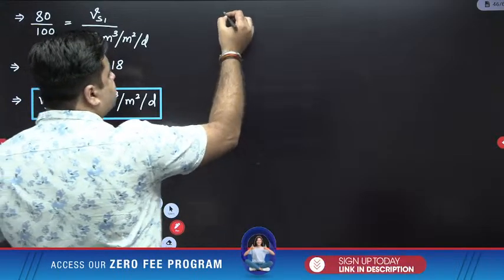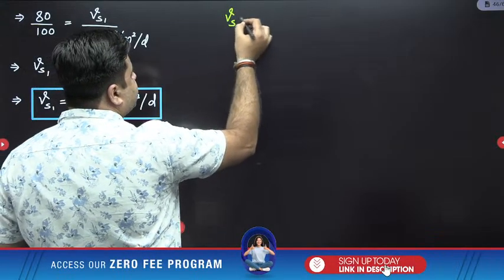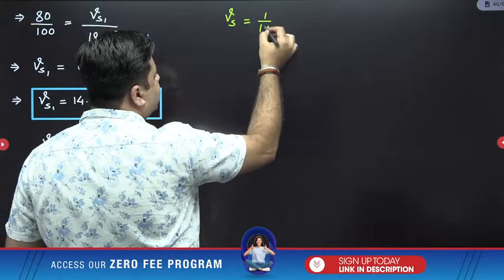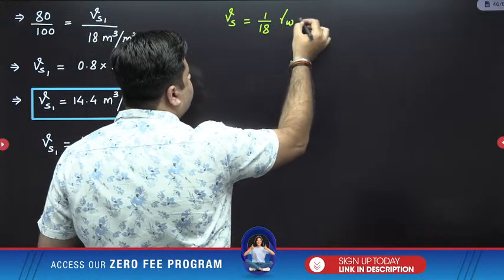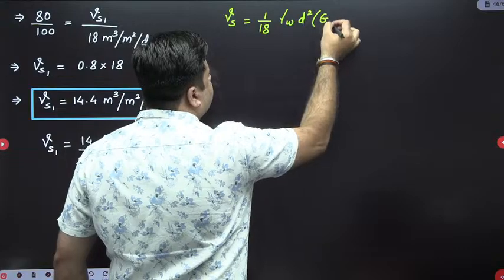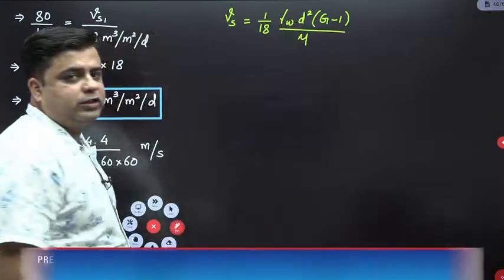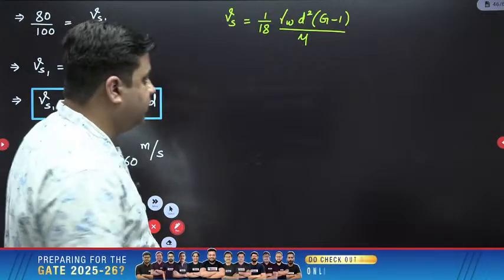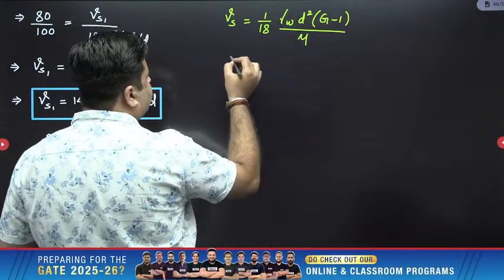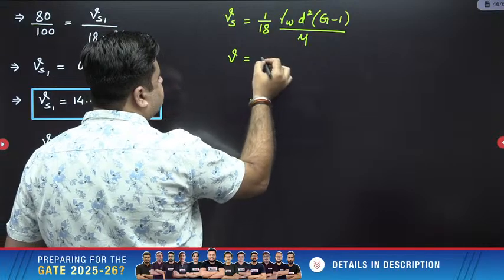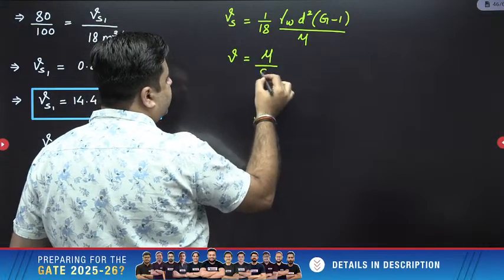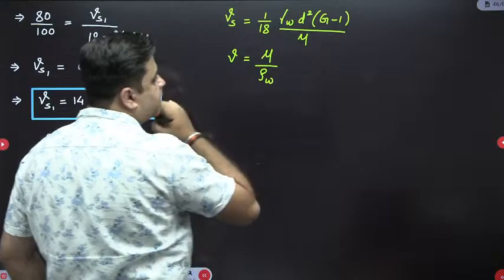We know one expression: settling velocity Vs is equal to 1 upon 18 gamma W d square into G minus 1 upon mu. But instead of dynamic viscosity, they have given kinematic viscosity. So how can we use this expression? We know that kinematic viscosity is equal to dynamic viscosity divided by density of water.